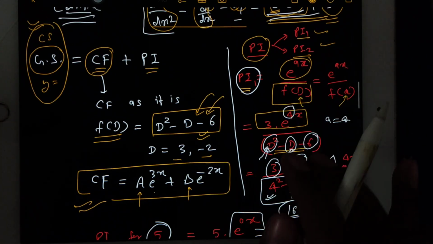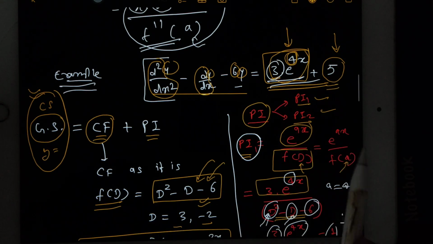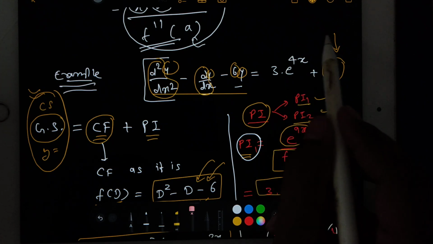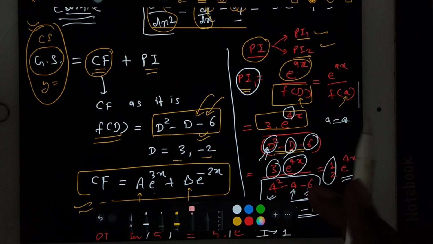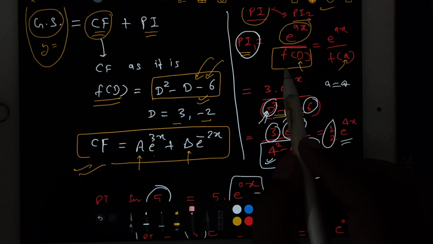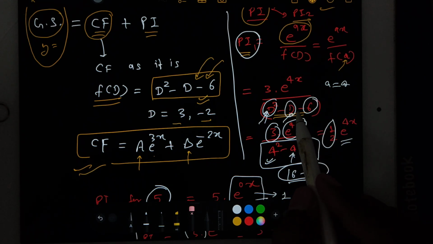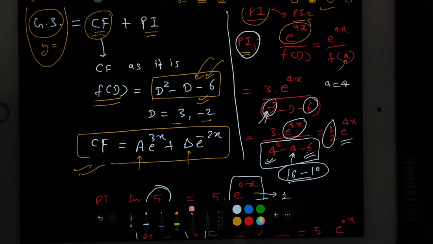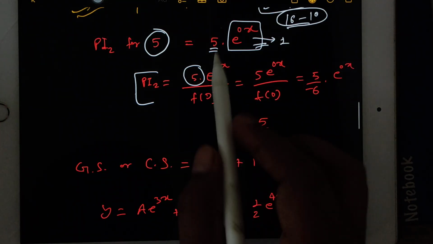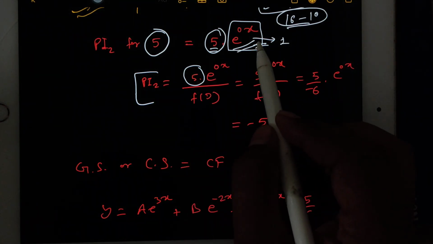Like here, 3 was in multiplication, we did not do anything for 3. We always kept 3 as a product in our answer. Only we did this game using 4. So here also, 5 you will not touch, only e power 0x.